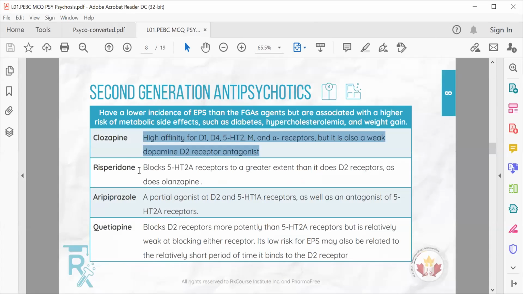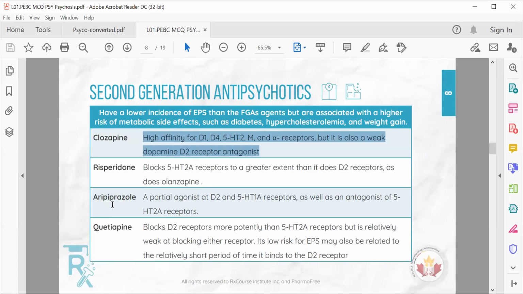Also, Risperidone. We said about Risperidone and its active form, Paliperidone, that it increases the extrapyramidal side effects and is associated with hyperprolactinemia. This is what we need about Risperidone. Aripiprazole is one of the nicer medications, to some extent.